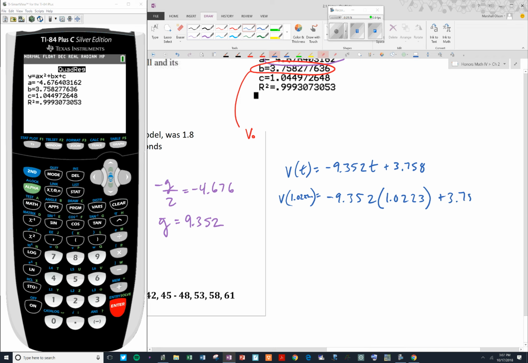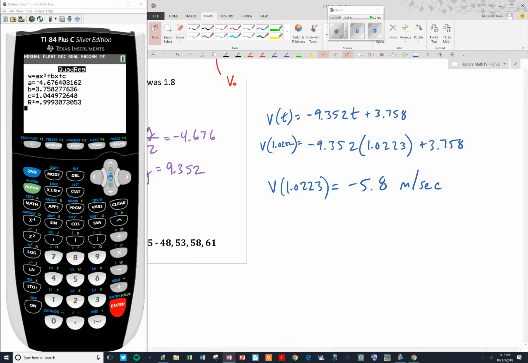What we end up getting is that velocity is about negative 5.8 meters per second, which means it's falling downwards.